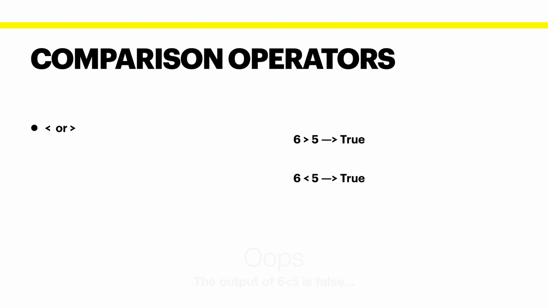The next operators are greater than or equal to and less than or equal to. These check if the given number is greater than or equal to the specified number, or less than or equal to the specified number. Then we have the operators which only check if the two inputs are equal or not equal: the double equal to operator and the exclamation and equal to operator.